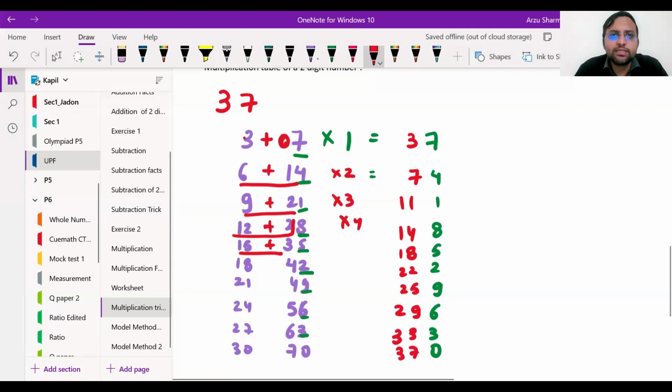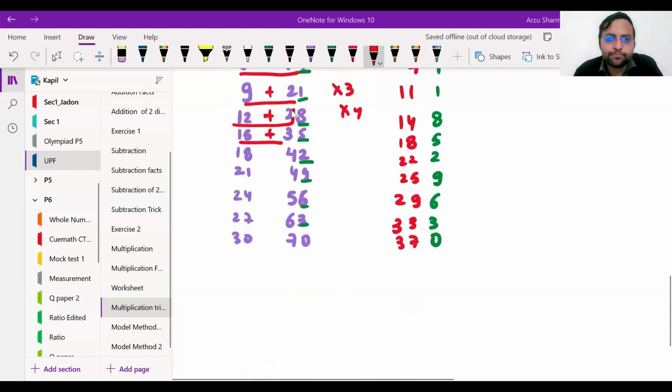Okay, Swastik, others? Sharanya, Vihan? Okay, fine, great. So this was one trick which we discussed in the first session.